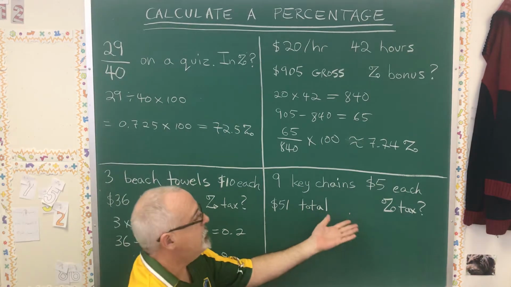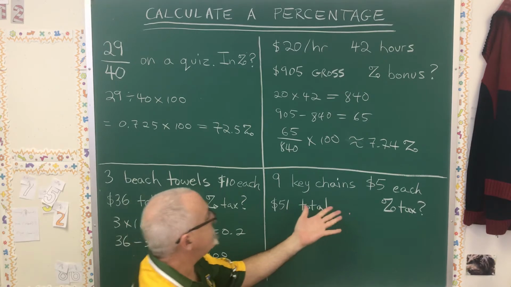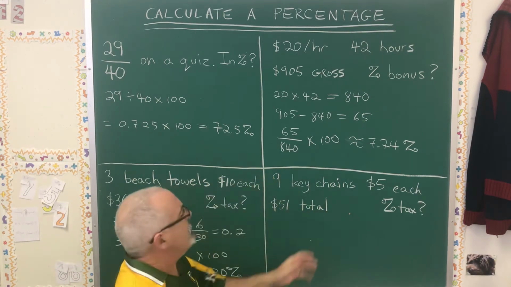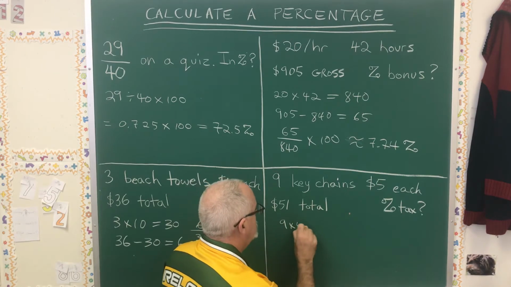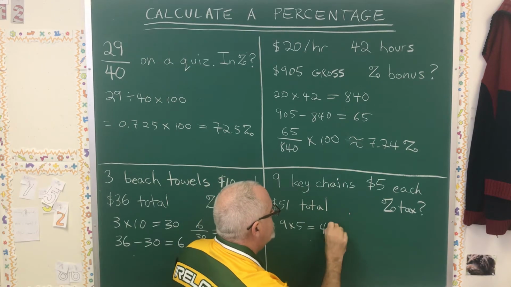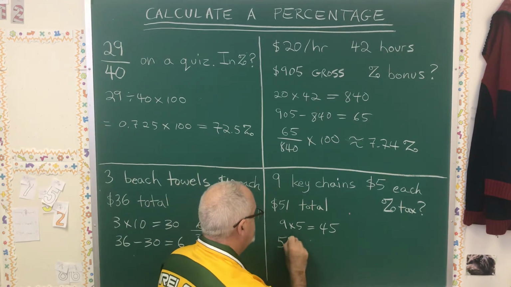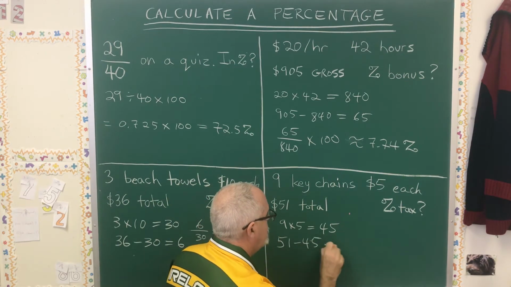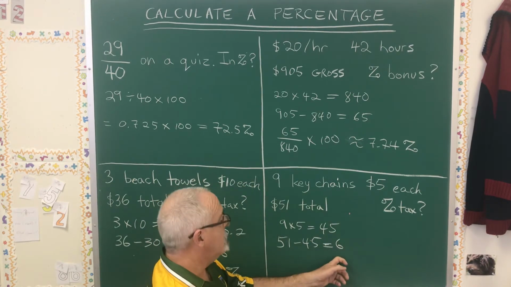The next day I go into a different country. Again, I'm able to use my currency, the dollar, but this time I bought 9 keychains for $5 each, which means I expect to pay $45, but I was charged $51. So again, I was charged an extra $6.